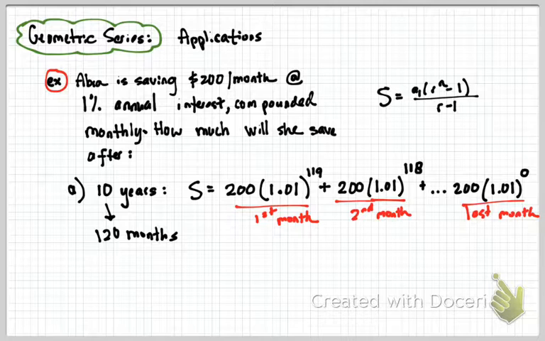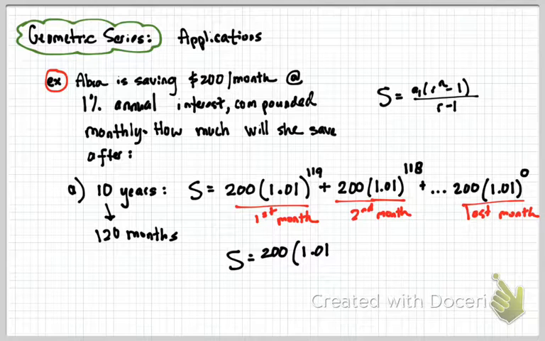Okay? Now, do you want to do this all in your calculator? No, you either want to use summation or you can use this. Try to set up an equation using that. $200. You put 200 in. All right. What's next? What's my R? It's my rate, 1.01.